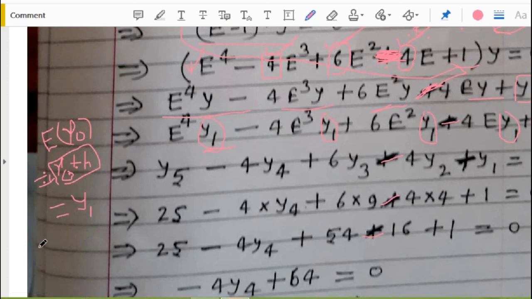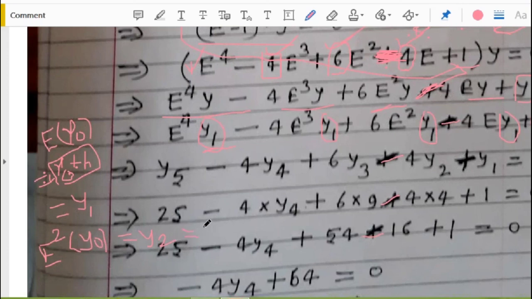And if you take shift operator in this way, shift operator on y naught, this will be what? Y2. Is it clear or not?